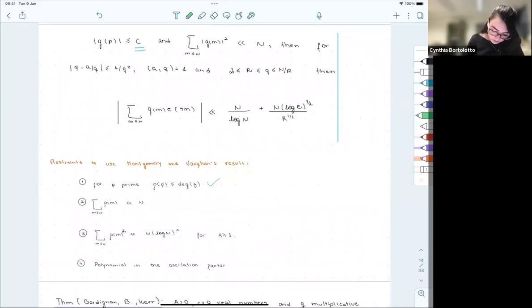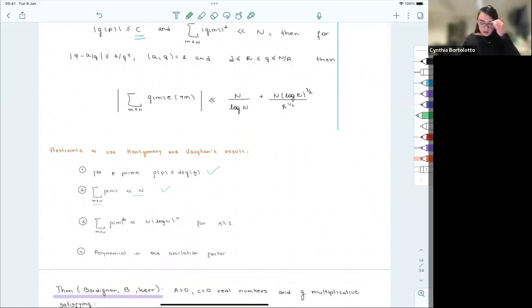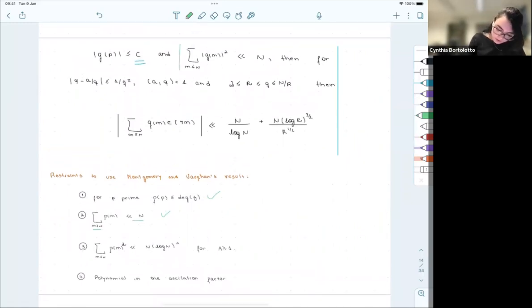Then we ask whether, when we sum this function, it is bounded by n. And this is also true in our case. Then Montgomery and Vaughan require that this is true when we sum the squares of the function: it is bounded by n.